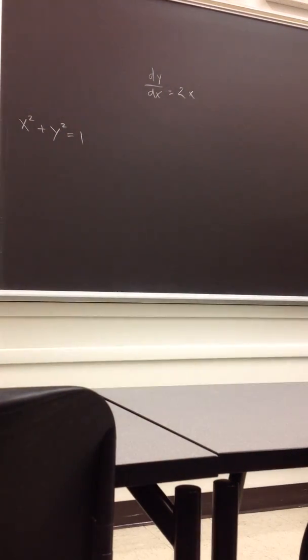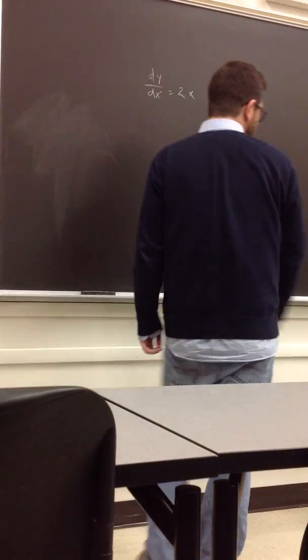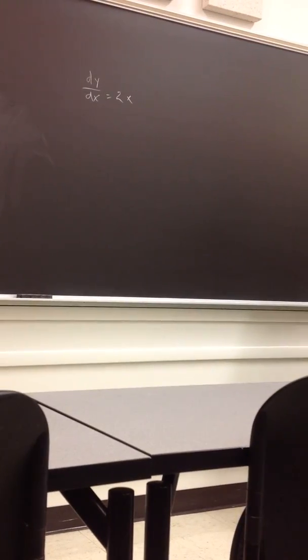So how do we solve this equation? How could we determine y? You have to be careful. Remember that this is called Leibniz notation. It looks like a fraction, and in many ways it acts like a fraction, but it isn't a fraction in reality.